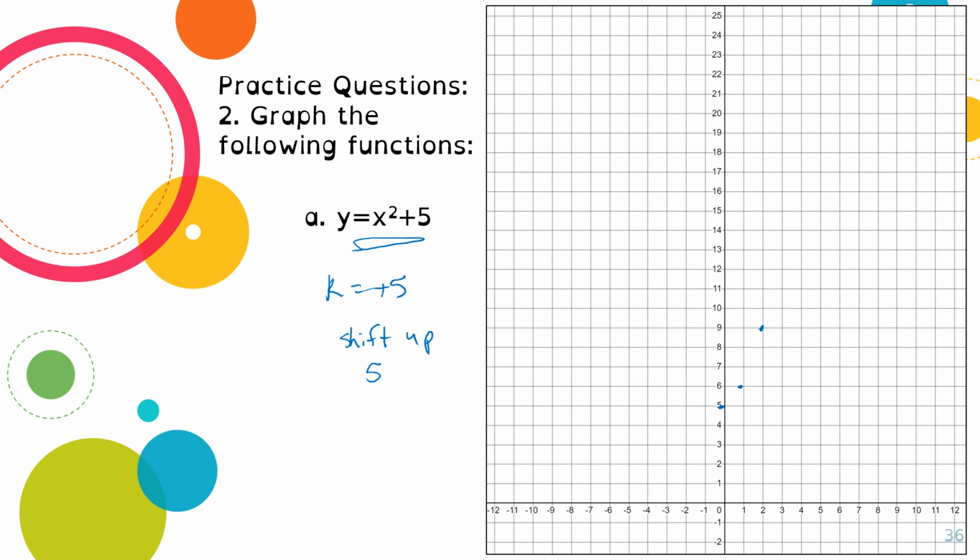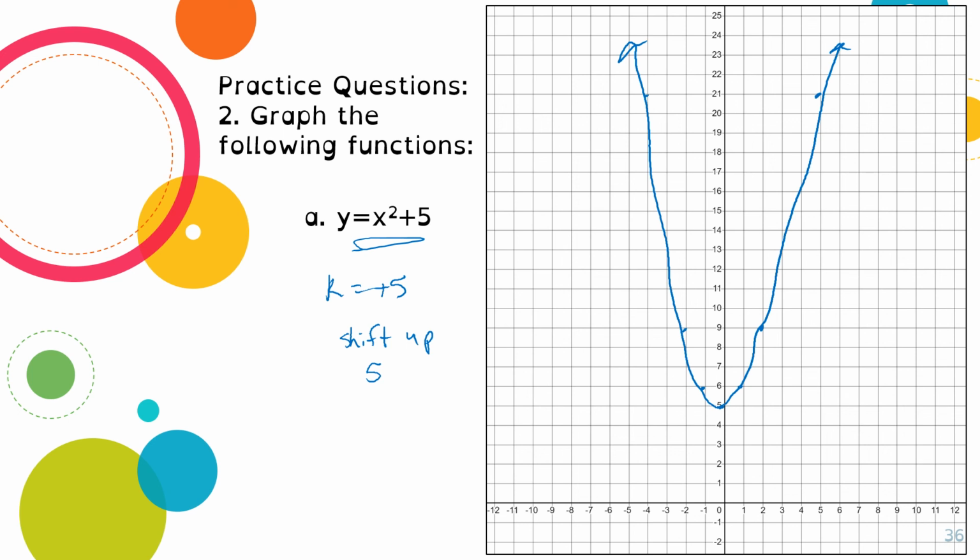Instead of being at 4, 16, we're going to shift that up to 21. And the same thing on the reverse. Once you do the positives, you can look at the negatives and make it symmetrical. Now, this should be a really smooth curve. As you can see, it is not, because it is hard to draw.